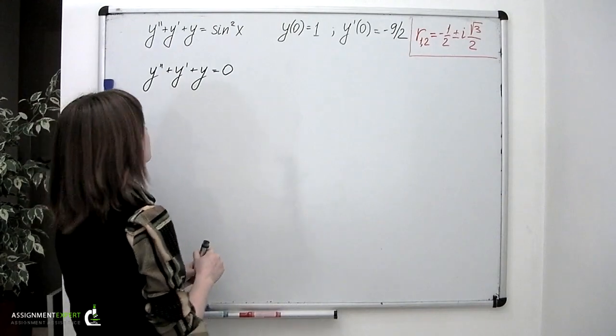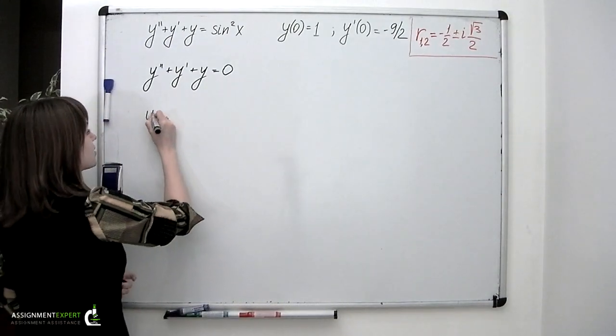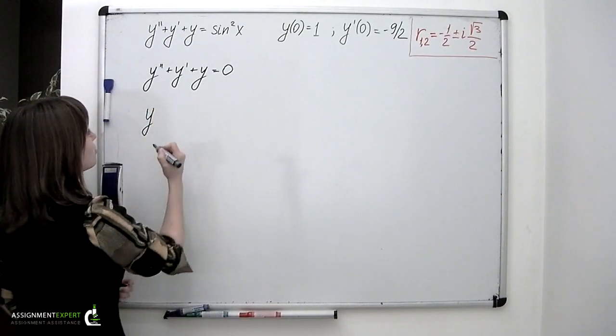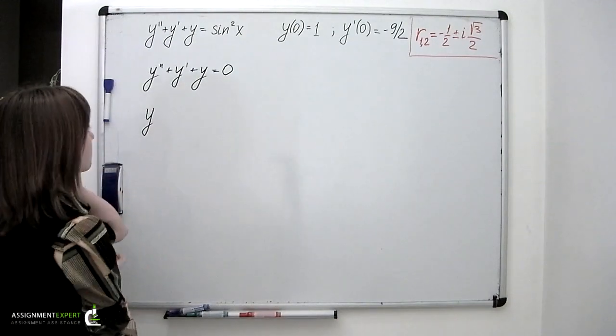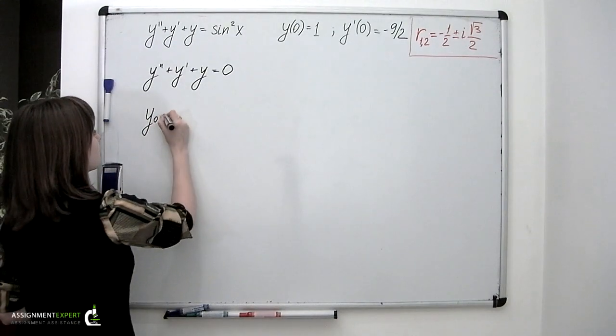Having the characteristic roots, we can now write the solution to the homogeneous equation we have. And it goes like this.